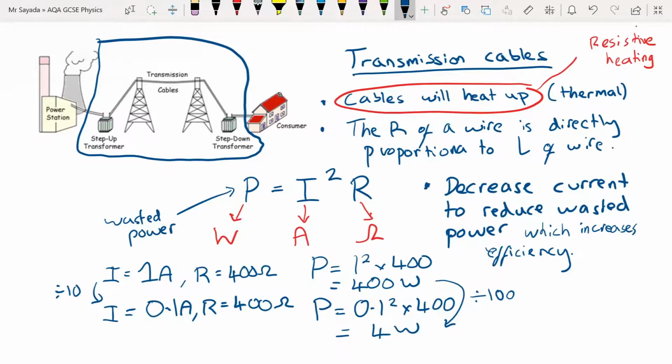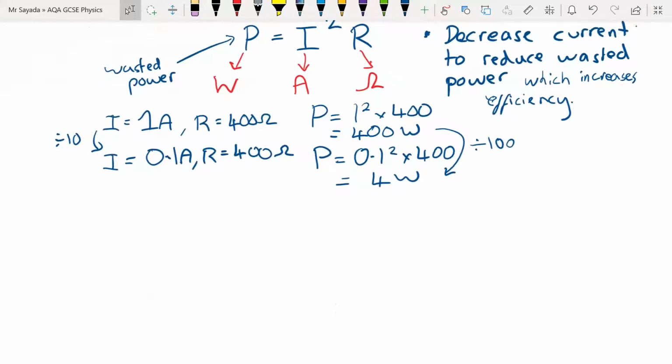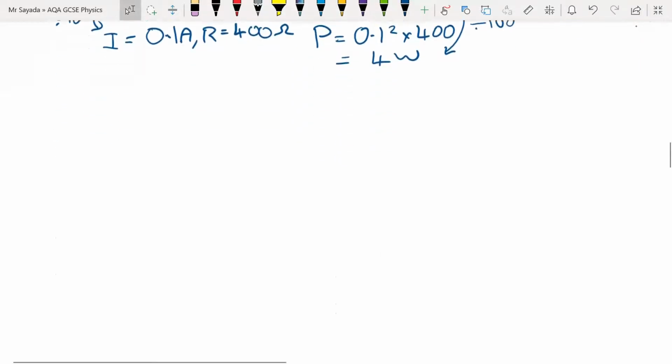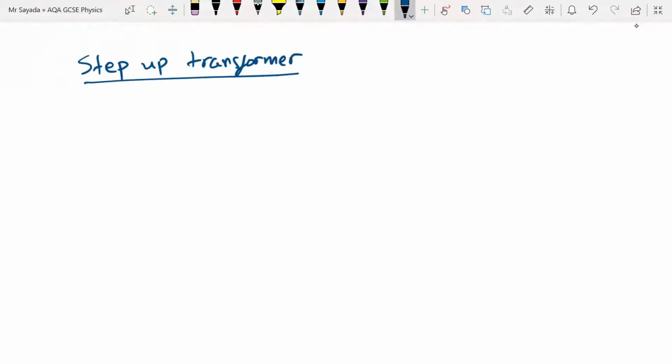So the way that we reduce that current is by something called a step-up transformer. So the electricity from the power station goes straight into the step-up transformer. So here is our power station. I'm drawing it as a box. Why not? And let's say the electricity in the power station is made at 25 kilovolts.